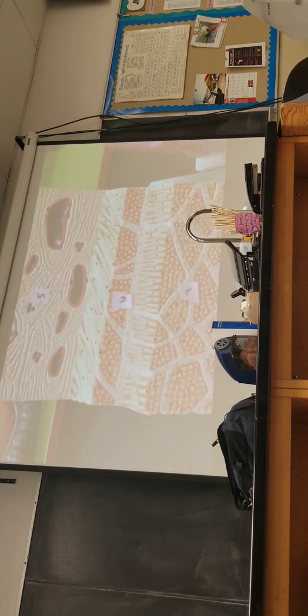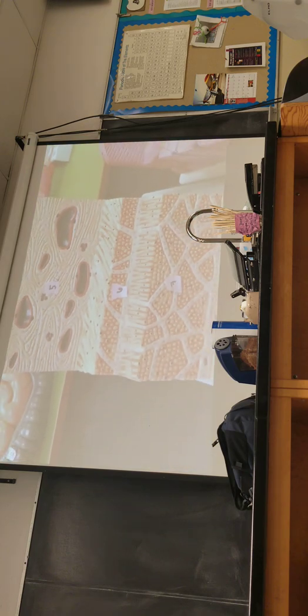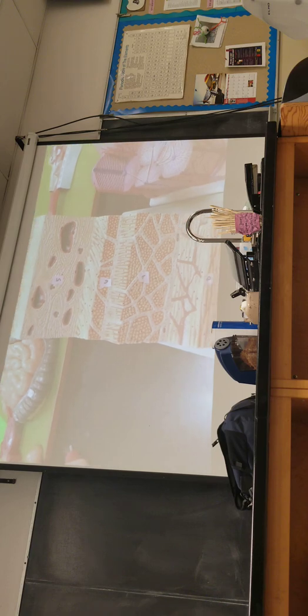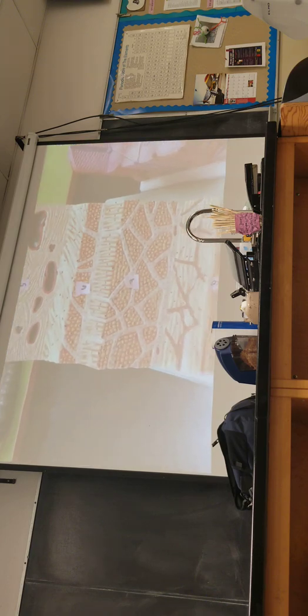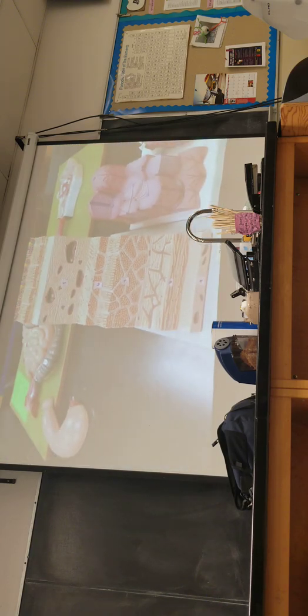The innermost one is the diagonal one, oblique, then circular, and longitudinal, like that. And then these are the gastric glands and stuff like that on top. Okay, I'm gonna take a picture one more time.